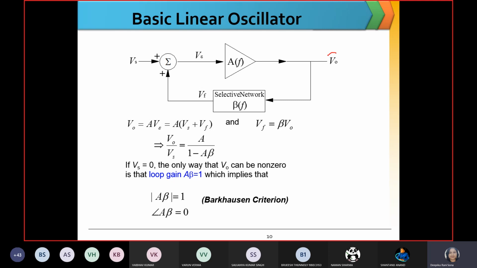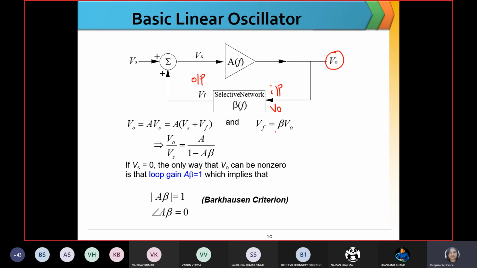The V out is the output of the entire oscillator circuit, but for the feedback network, this is the input, while this is the output. Vf is the output and this is the input.